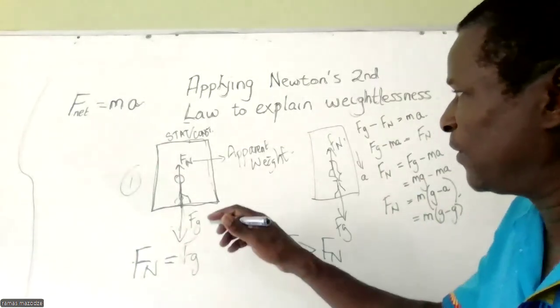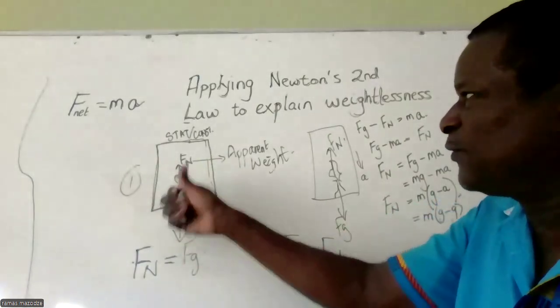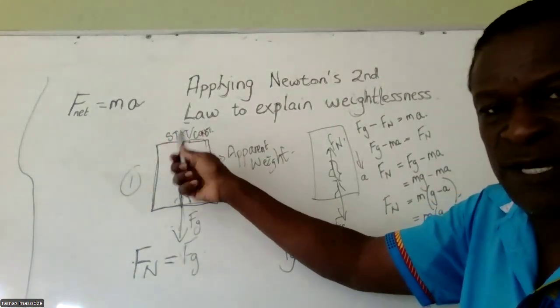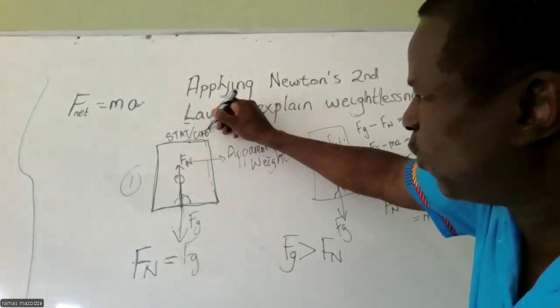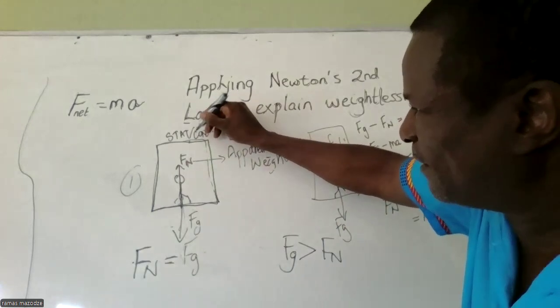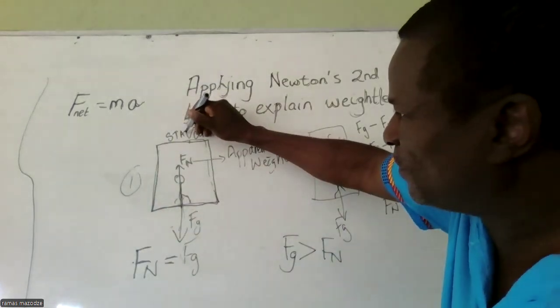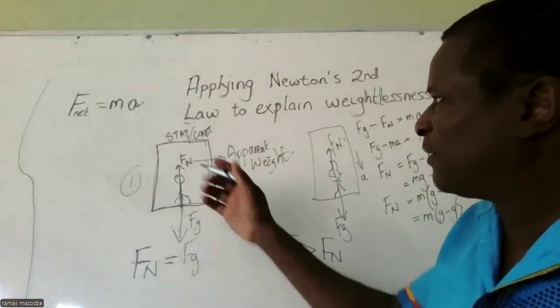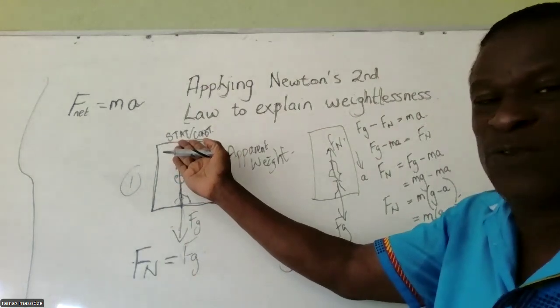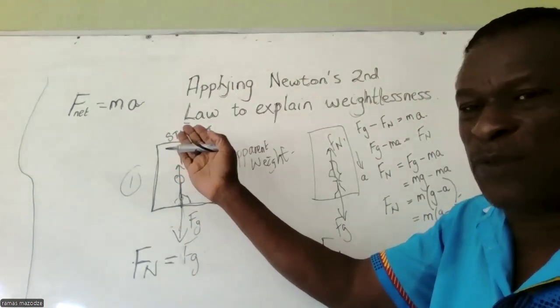Right. So case one with the lift. The lift is stationary. I wrote the word stationary there, not very clear. Or it's moving with constant velocity. Stationary, constant velocity. Even if it's not clear, I think you can hear the word. If you apply Newton's first law, this is directly Newton's first law, when net force is zero.